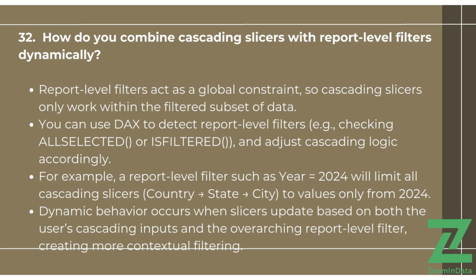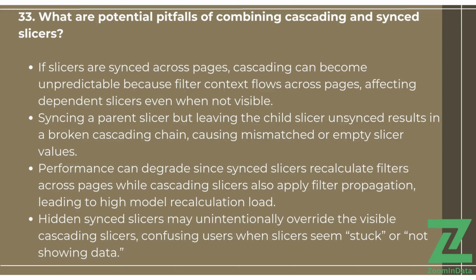For example, a report-level filter such as year equals 2024 will limit all cascading slicers, country leads to state leads to city, to values only from 2024. Dynamic behavior occurs when slicers update based on both the user's cascading inputs and the overarching report-level filter, creating more contextual filtering.